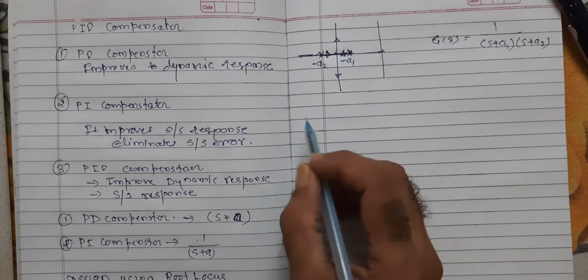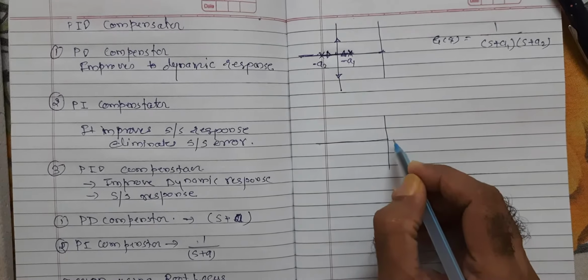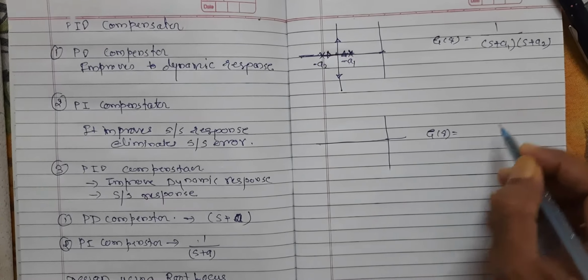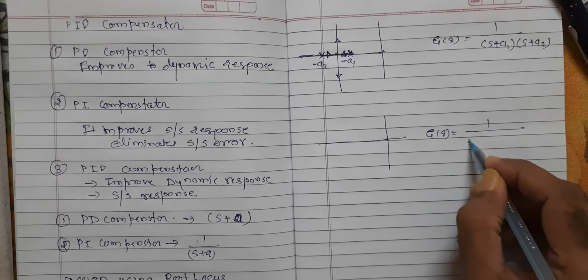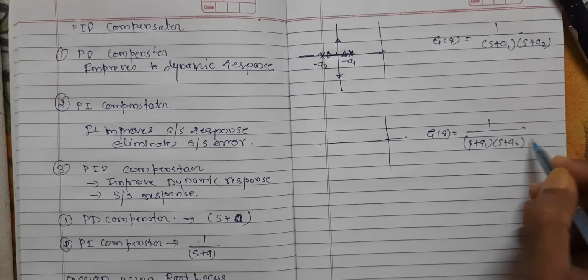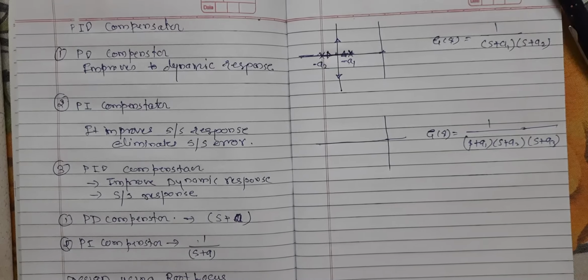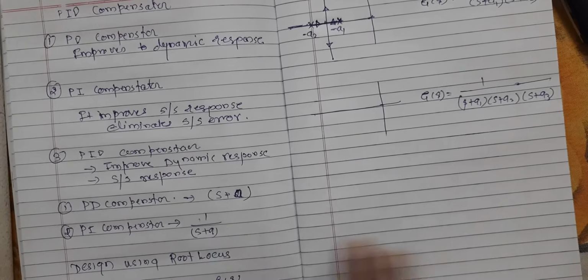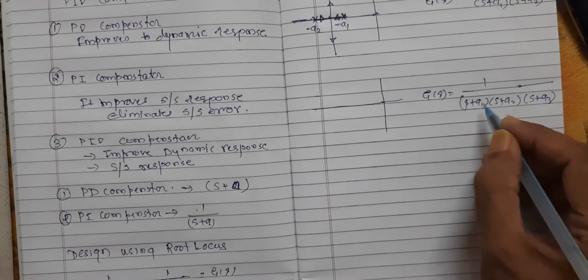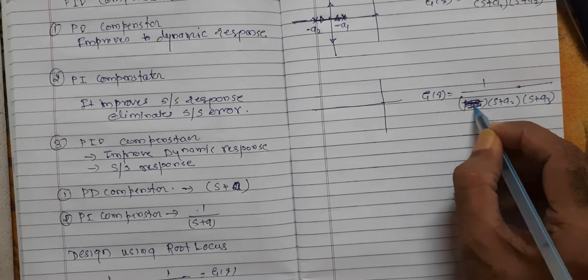Now suppose we have three poles. Let us say G of s equals 1 divided by s plus a1, s plus a2 and s plus a3. There are three poles. Here we will assume that one pole is at the origin.